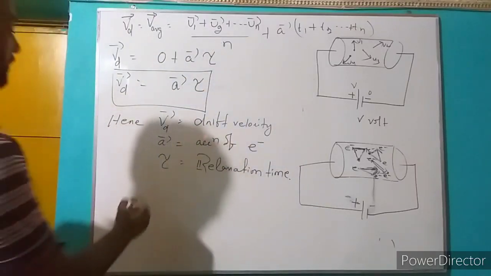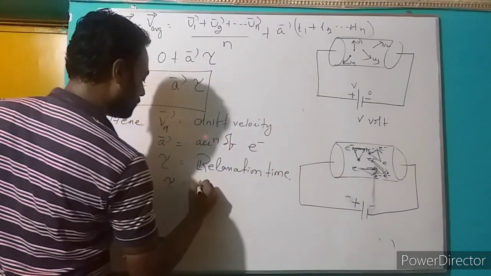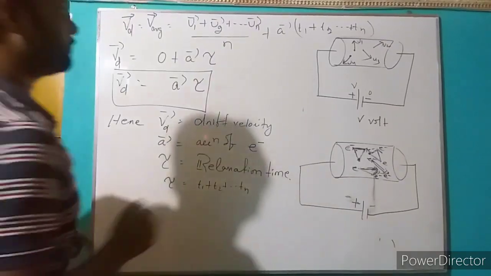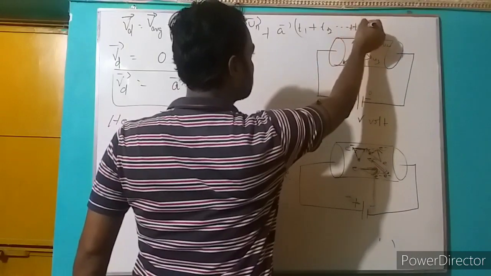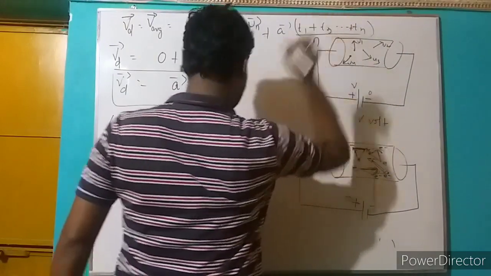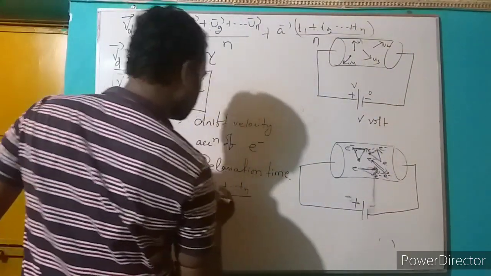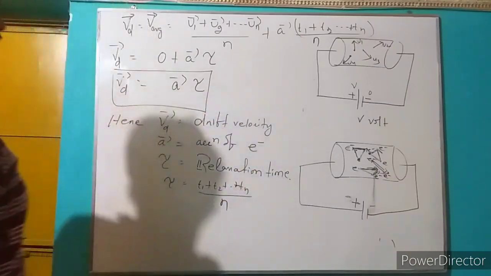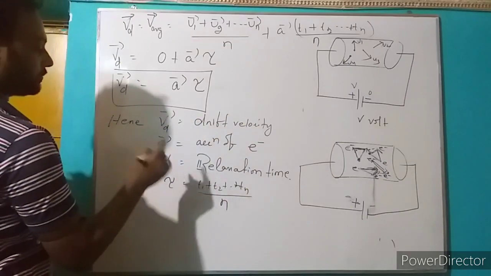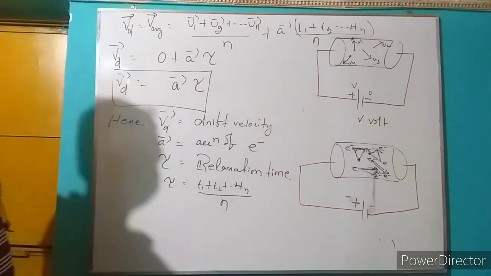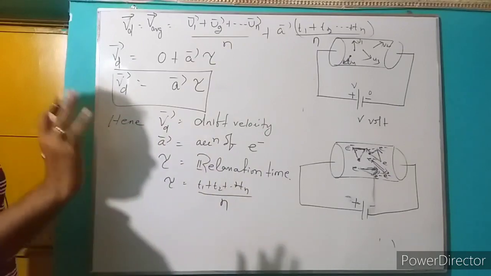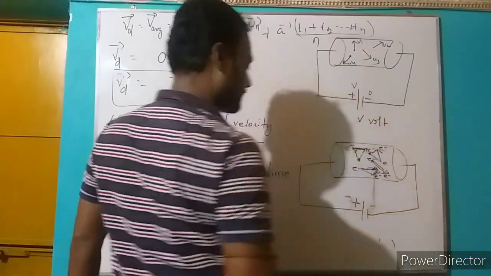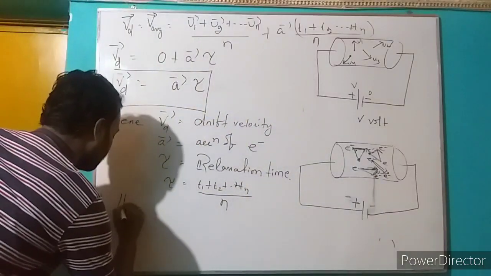It is denoted as tau equal to T1 plus T2 plus dot dot dot Tn, divided by n. So tau equals T1 plus T2 plus Tn divided by n. That is called relaxation time, denoted by tau. So what is relaxation time? Relaxation time is the net average time.